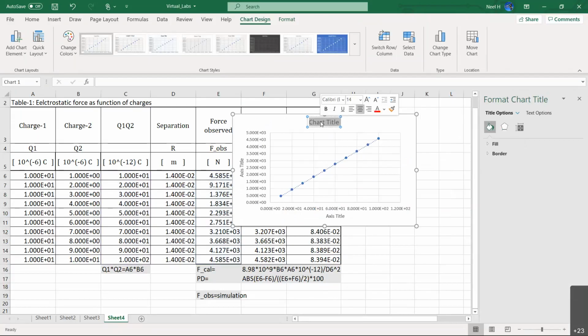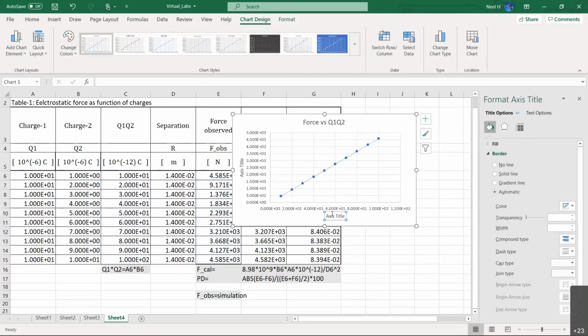Title, you can type electrostatic force versus Q1 Q2, or you can say charges. And the axis title here is actually charges Q1 Q2. You have to put the units there. Units are going to be coulomb to the power 2, right?